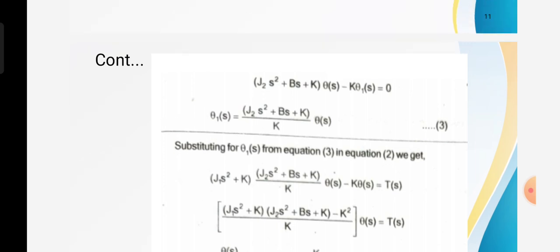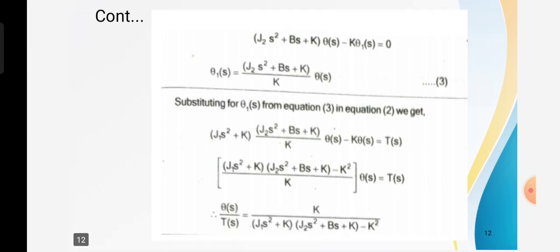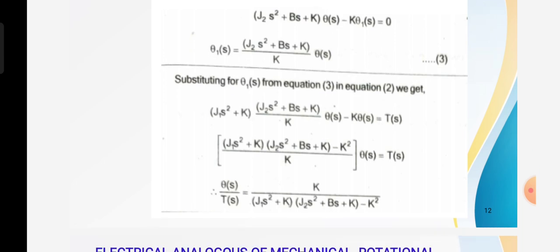From this equation we find theta 1 of s. So theta 1 of s equals J2 s square plus bs plus k divided by k, into theta of s. This is equation number 3. Now substituting for theta 1 of s in equation number 2, we get J1 s square plus k into J2 s square plus bs plus k divided by k, theta of s minus k theta of s equal to T of s.